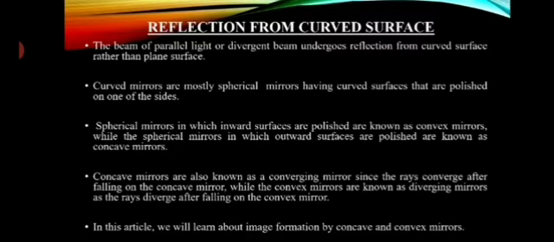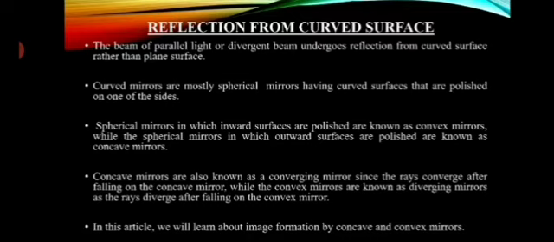These types of spherical mirrors are called convex mirrors, whereas the spherical mirrors in which the outer surface is polished for reflection and the inner part is hard are known as concave mirrors.